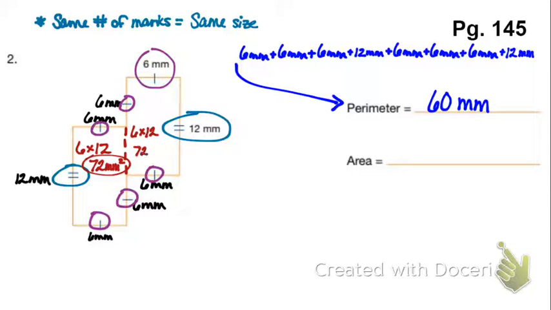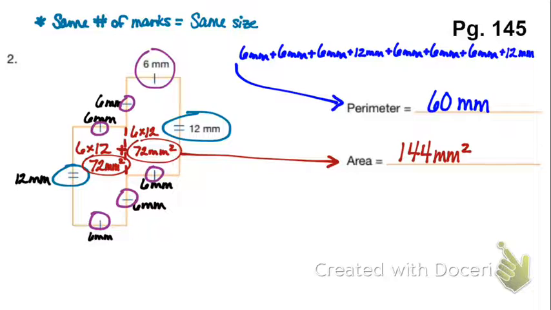So we'd have 72 millimeters squared, which means what about our area then? It's how much? 144 millimeters squared. You guys are doing great. Let's look at the next one.